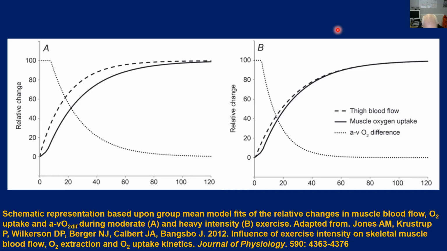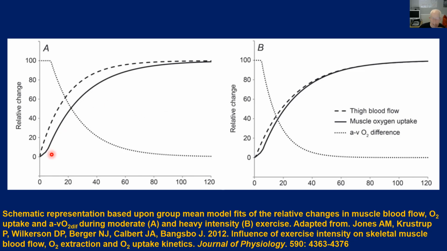Now, what we've got here is changes in muscle blood flow. And this is quite a useful thing to understand, because what you can see is the responses in two different conditions. Now, we're going to come to the conditions in a moment, and these refer to heavy intensity and moderate.